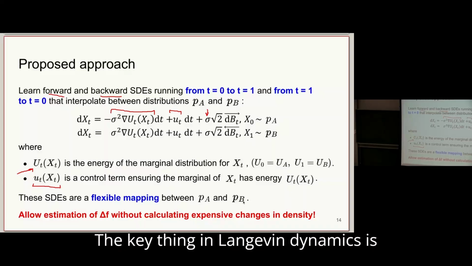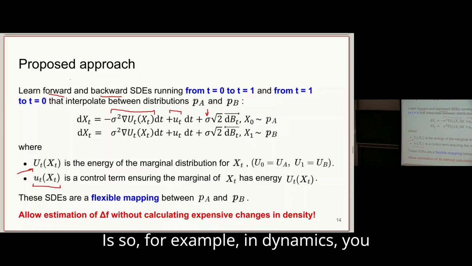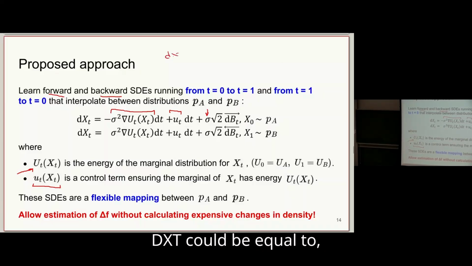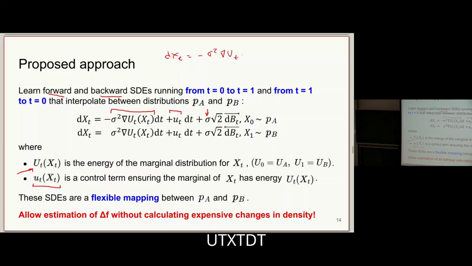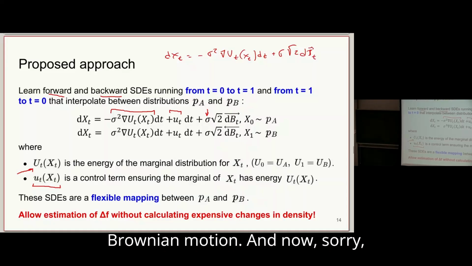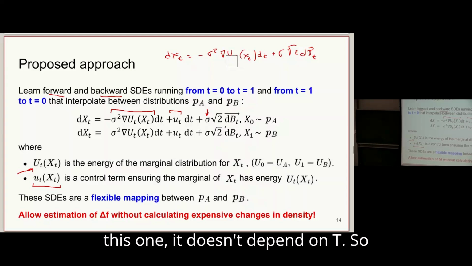The key thing in Langevin dynamics is that, imagine that this energy, U, is, so for example, in Langevin dynamics, you could have that dxt could be equal to, for example, minus sigma squared, the gradient of U_t at xt, dt, plus sigma square root of 2 d of the Brownian motion. Okay? And now, sorry, this one doesn't depend on t. Okay?